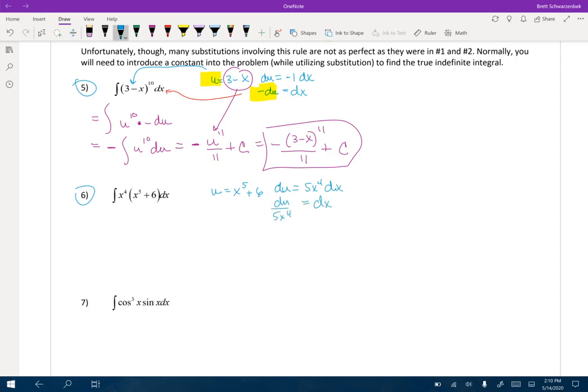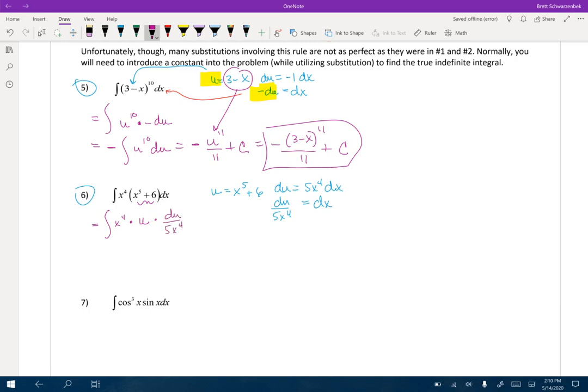All right, so we have our substitution set up perfectly, and we end up with the following. Our x to the 4th is still staying put. We substitute a u for our x to the 5th plus 6, and then our dx is du over 5x to the 4th.